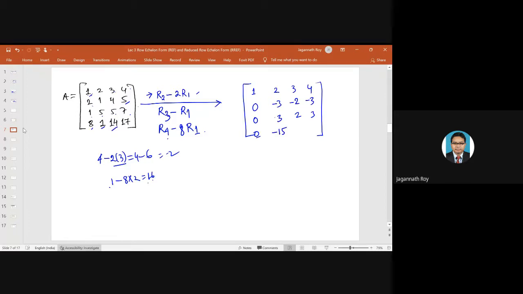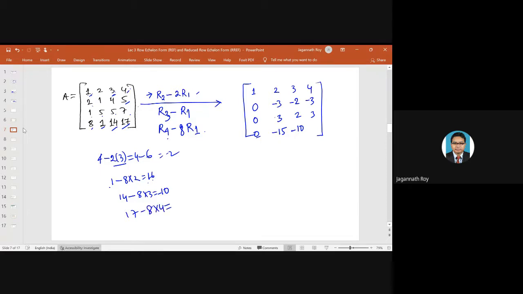So 14 minus 8 times 3. So this becomes 10, minus 10. And then 17 minus 8 times 4.